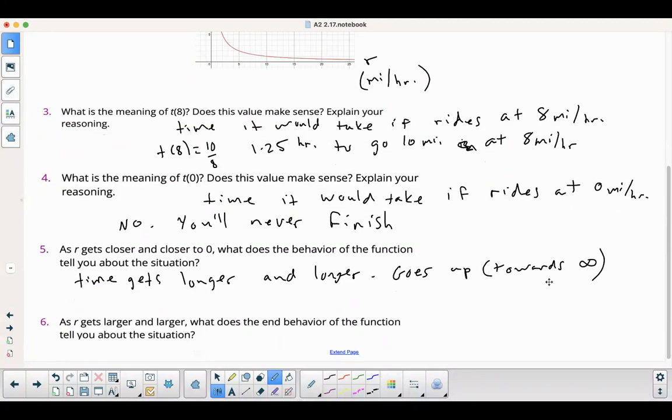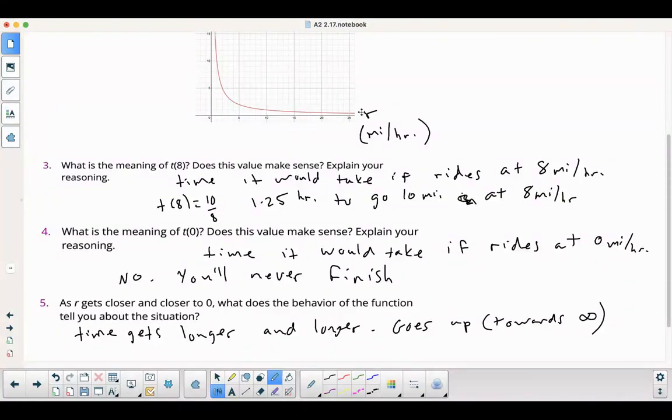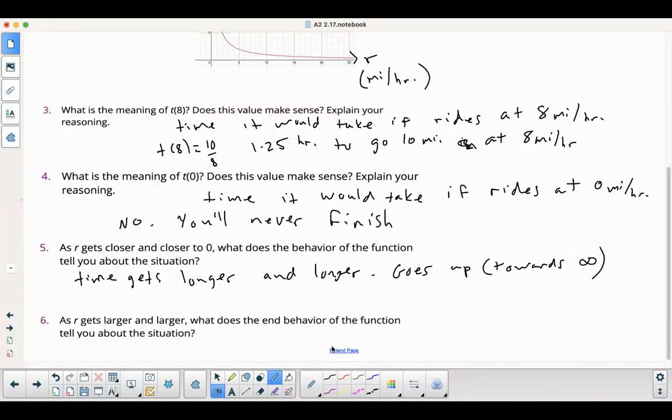How about this one? As r gets larger and larger, what does the end behavior of the function tell you about the situation? So as r gets bigger and bigger, as I go this way, let me redraw that arrow. As my function goes to the right, what happens to the time? Well, the time gets smaller and smaller, closer and closer to 0.